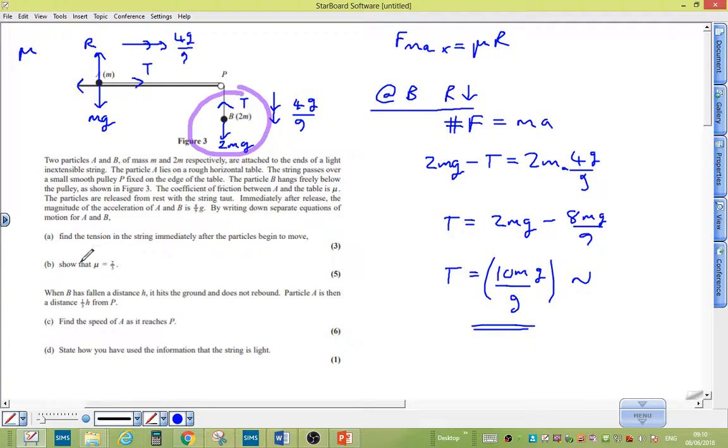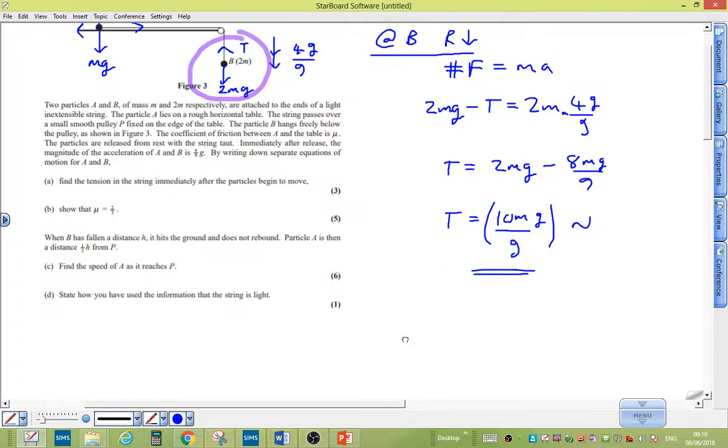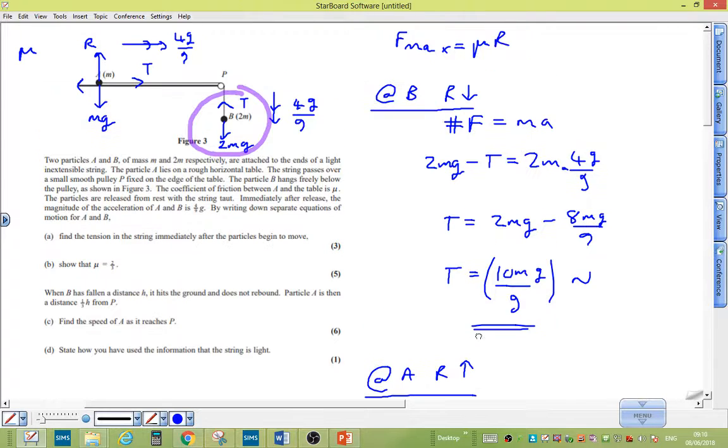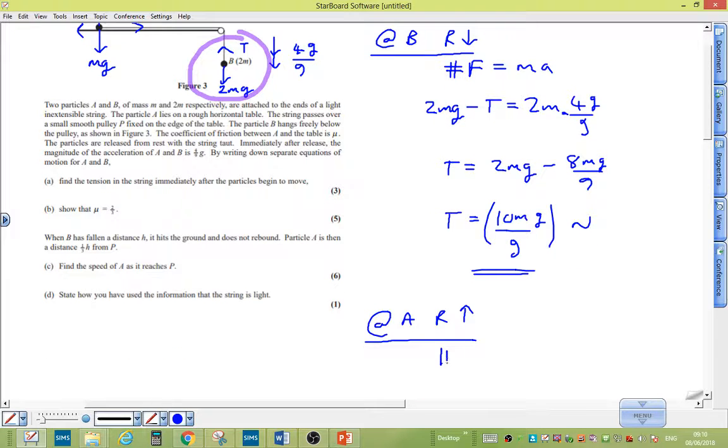Right, it then says show that mu is 2/3. For this one here, you're going to have to come to particle A now. So we're going to look at A, and we're going to resolve initially in the vertical sense. Okay, and I'm going to say up is positive. It's not moving vertically, so I can choose whichever way I want, which is up. So R of the unknown, again, net force equals ma.